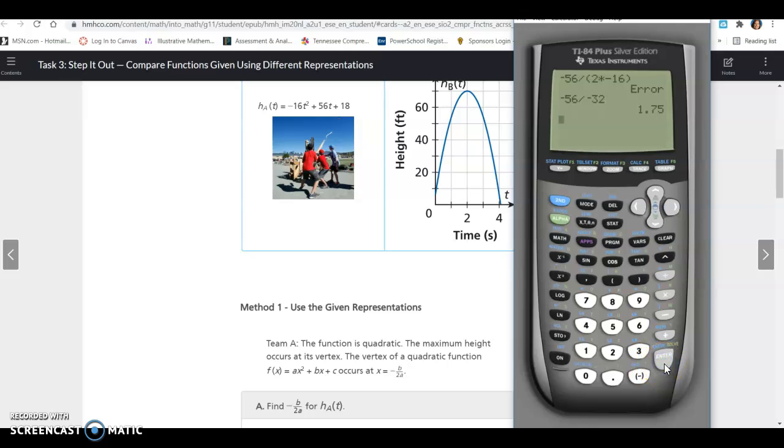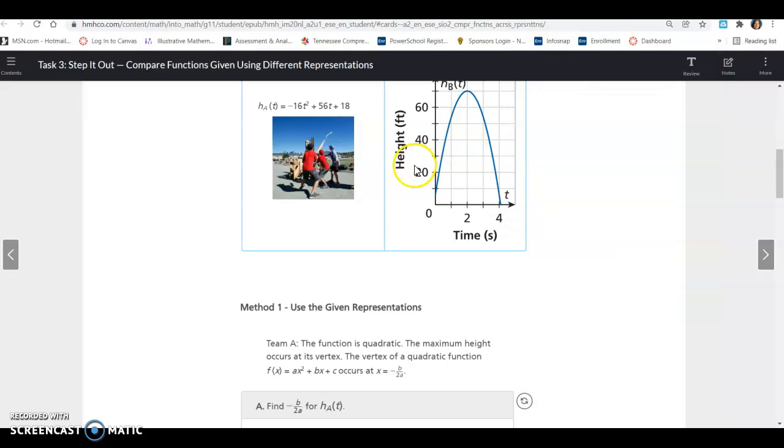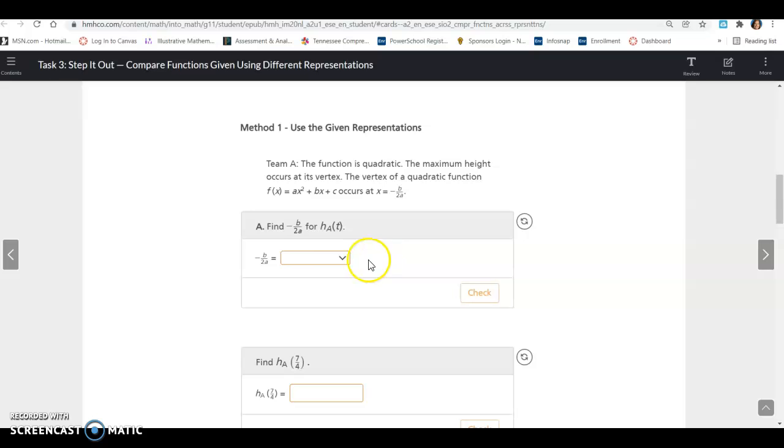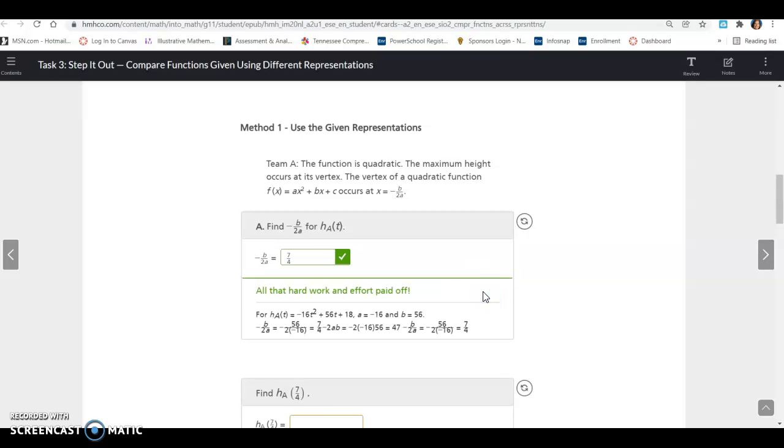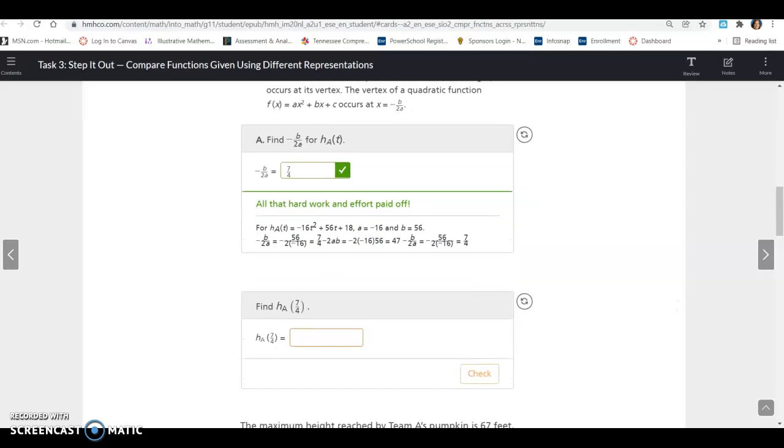All right, and that's 1.75. Let's see what that is as a fraction. If you hit math, fraction, 1.75 or 7/4. Okay? So 7/4 is our x.